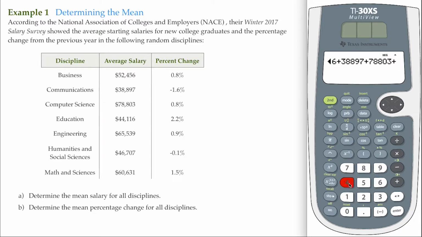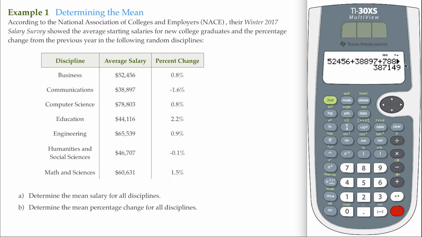We just keep adding it together. 116 here, 65,539, add that to 46,707, and then finally add that to 60,631. And once we have all those data values in there, we just go ahead and hit enter.